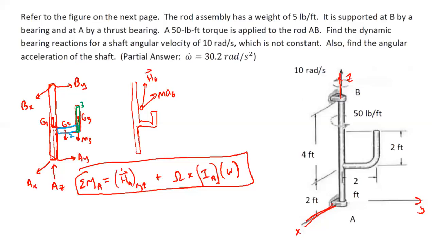That is going to be my mass moment of inertia tensor about A. Remember we did a bunch of these different problems where we would have something rotate, maybe we had something here and then a couple different ones, and then a sphere on the end of this, a sphere on the end of that, and another sphere on the end of that. And we figured out what the mass moment of inertia tensor was about this end so that we could figure out dynamic loads at A and at B. It's almost the exact same thing, except now it's turned 90 degrees.